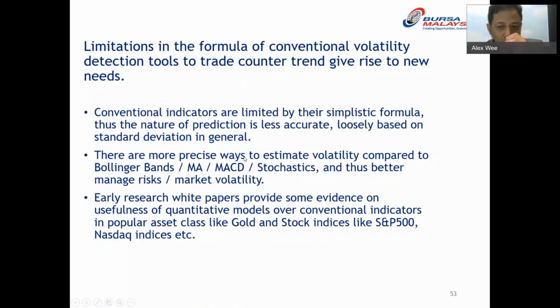So there are more precise ways to estimate volatility compared to Bollinger Band, MACD, MA, stochastics, thus better managing risk and market volatility. There are actually early research white papers that provide some evidence on the usefulness of quantitative models over conventional indicators in popular asset classes like gold and stock indices like S&P and Nasdaq.